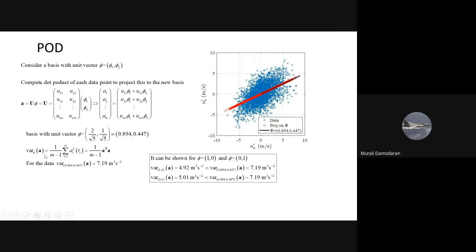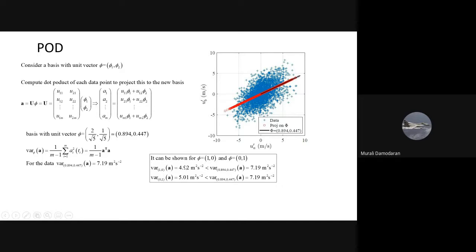And the basis, if I choose this basis as this one here, 2 square root 5 and 1 square root 5, that will be this line here. And then I project and calculate my variance. The variance, we already know the definition, and it turns out to be 7.19.